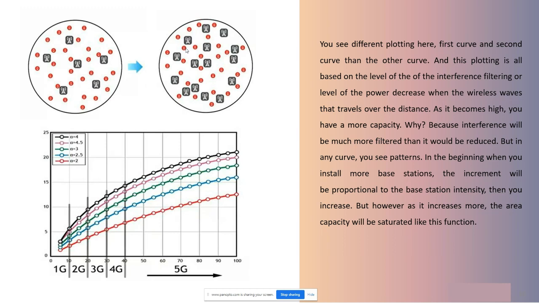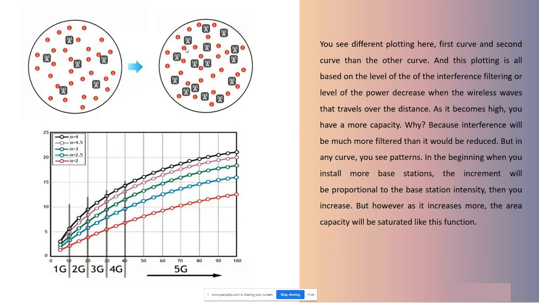But however, as the system becomes 4G or 5G, so na-introduce na sa atin ngayon yung 5G, we can understand that as they increase more base stations, area capacity will increase not linearly but with a logarithmic function. That means there is some saturation at the point. So of course, as there are more base stations, the capacity will increase, but the increasing speed will be very slow.